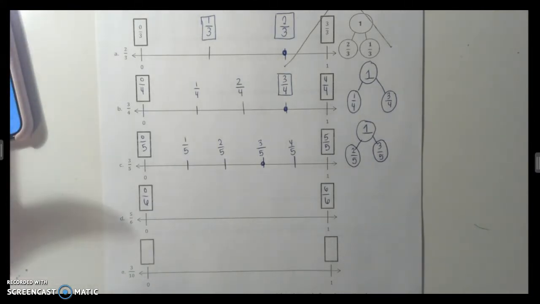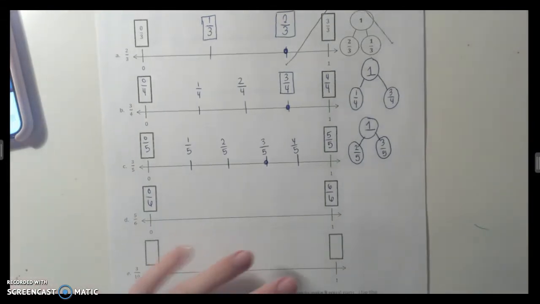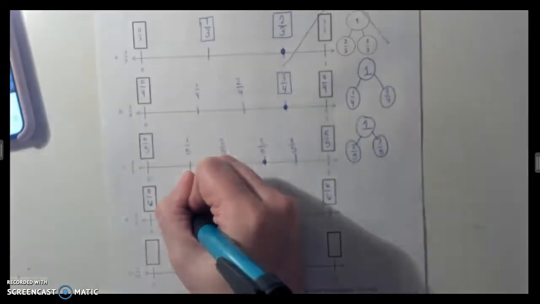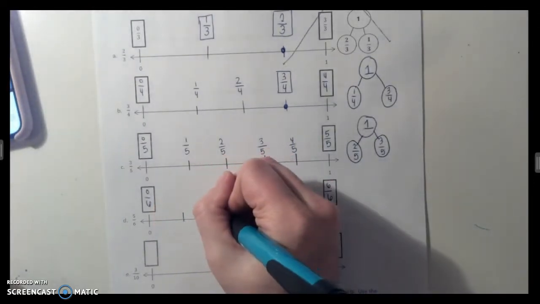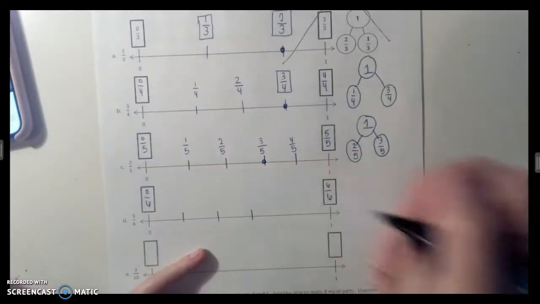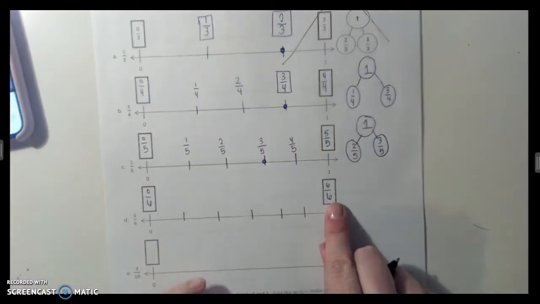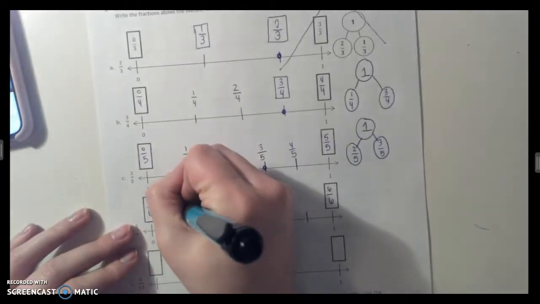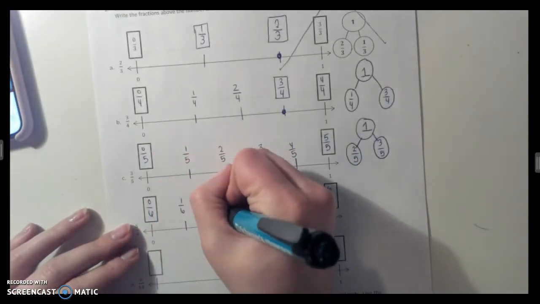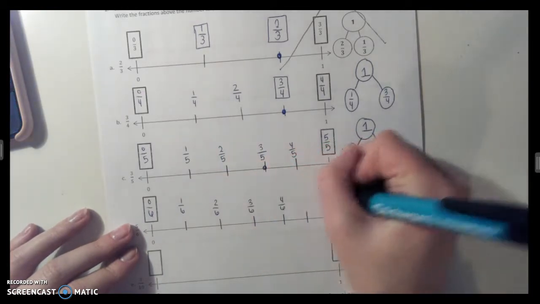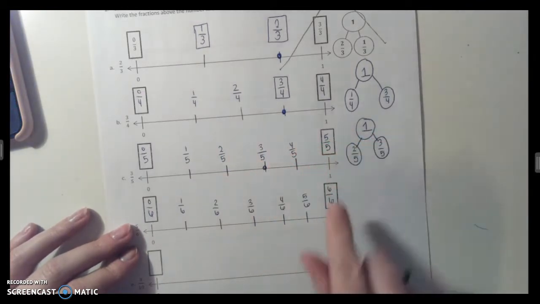We are going to do 1/6, 2/6, 3/6, 4/6, and 5/6, and then 6/6. So 1/6, 2/6, 3/6, 4/6, 5/6, and 6/6.